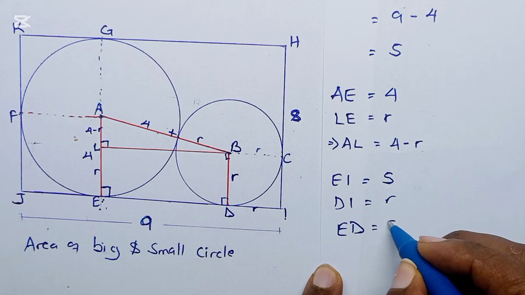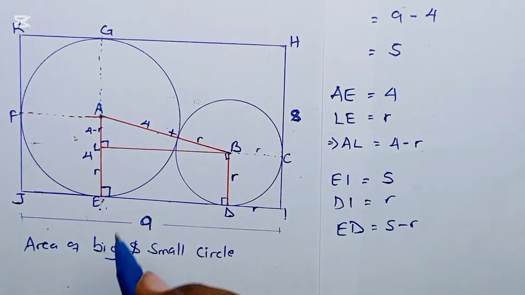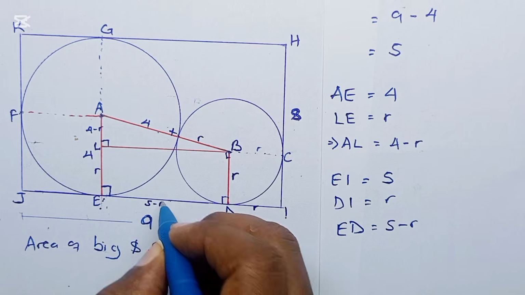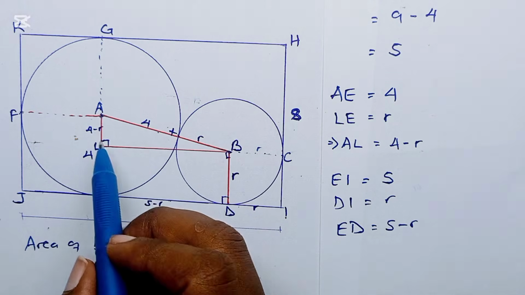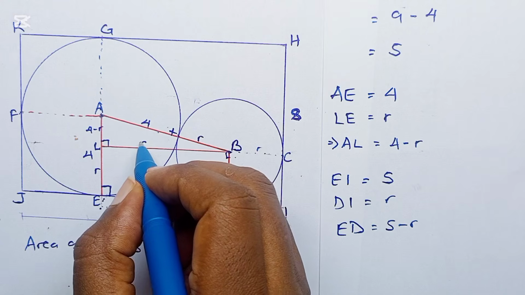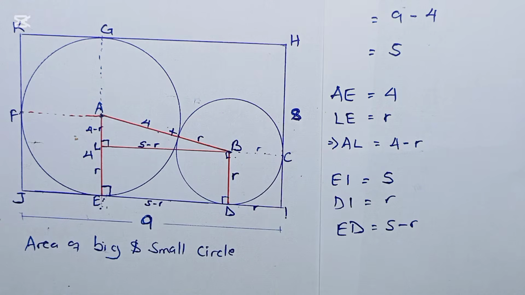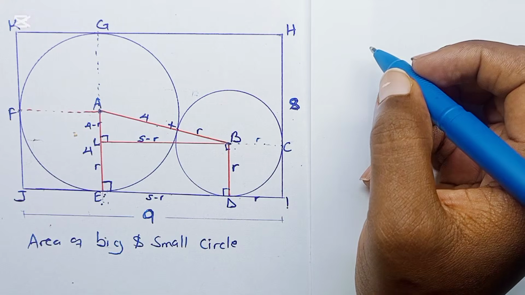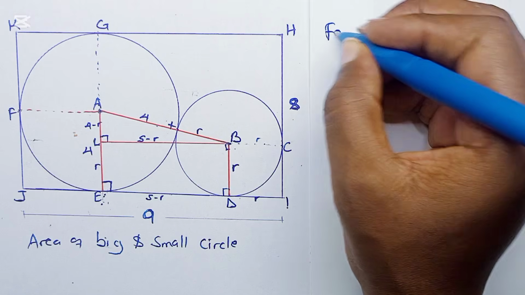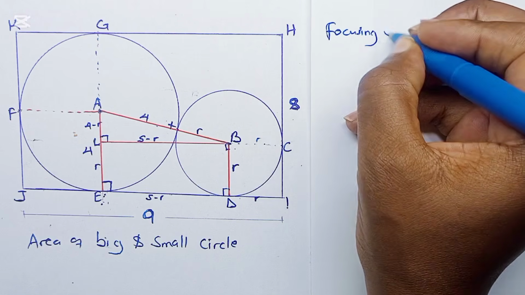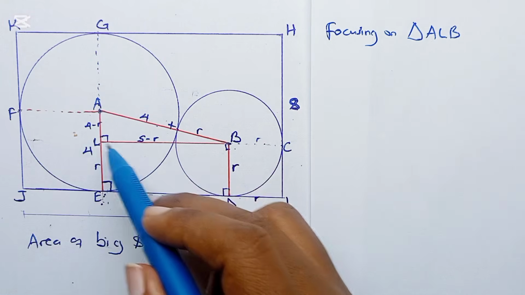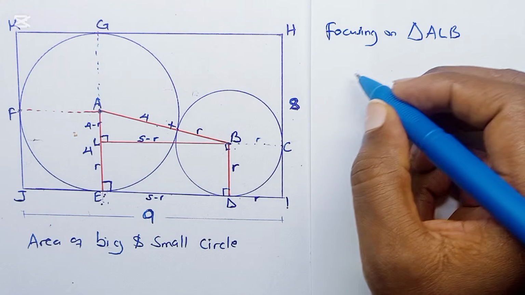So it will be 5 minus r. Therefore, ED is 5 minus r. And ED is equal to LB. So also this is 5 minus r. So now let us focus on triangle ALB. This one here. Okay.